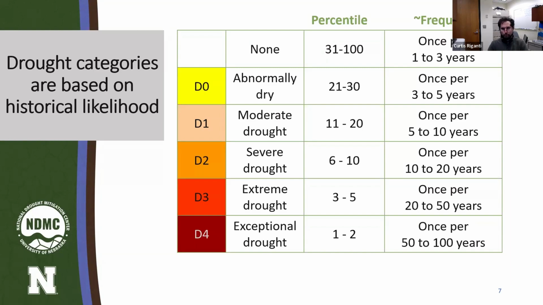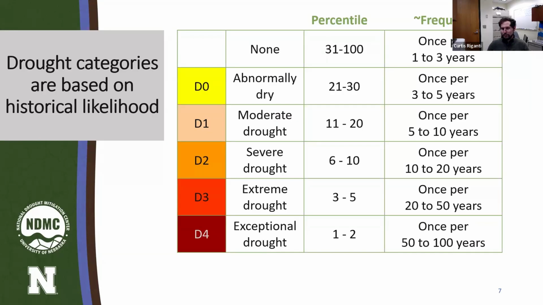If you look on the right column, the different levels of drought, you can think of abnormal dryness as something that you'd expect, if it's commonly reoccurring, to occur maybe once every 3 to 5 years. You can think of it in another way as maybe 20 to 30% of the time, and we'll get into what that means in a minute.